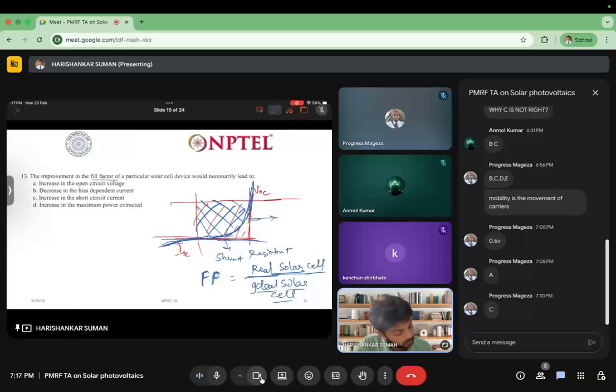This side is series resistance. Ideally, shunt resistance should be infinite and series resistance should be 0. So fill factor also tells you about the series and shunt resistance, how much series resistance is inside your material, all these.